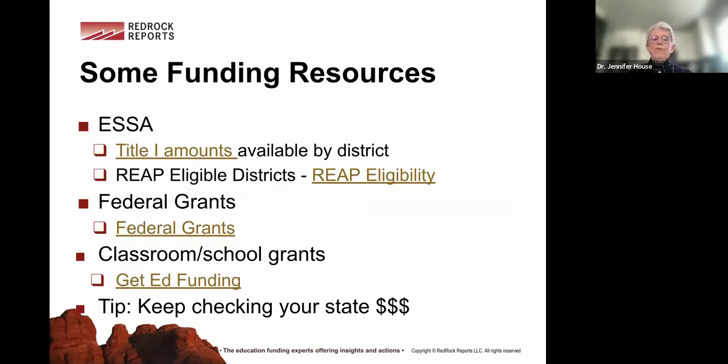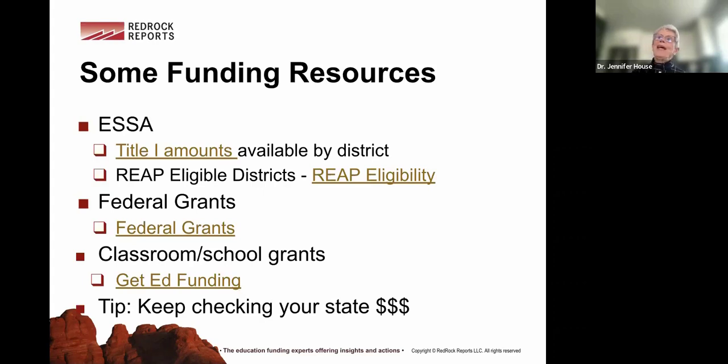Here are some additional funding resources. One is the Title I amounts available by district, and that's the Every Student Succeeds Act Title I amounts. So you can click on it, and what you'll see is the states. Then you click on the states, and each state has a spreadsheet that you can download, and it has every district and how much Title I money is available to that district.